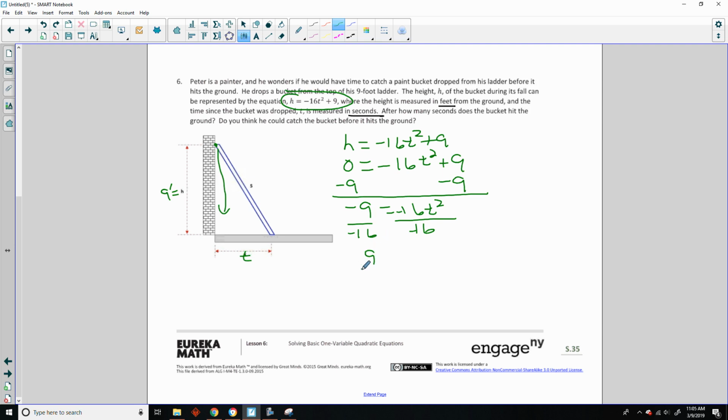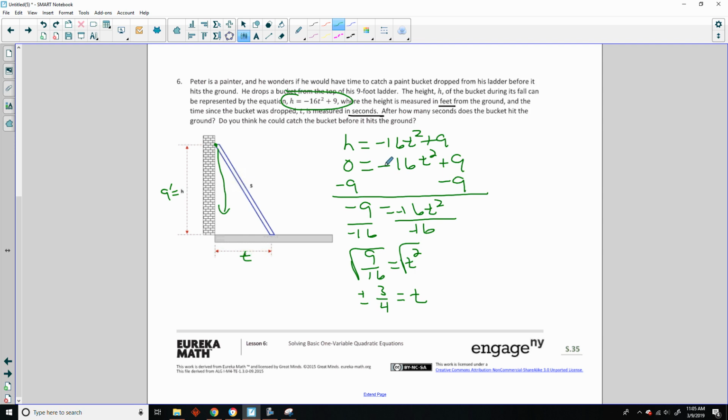And I get 9/16 equals t squared. So to find t, I have to take the square root of both sides. The square root of t squared is t. And the square root of 9/16 is plus or minus the square root of 9 over the square root of 16, which is 4. So the answer is plus or minus 3/4.